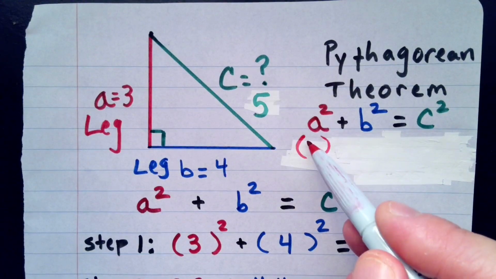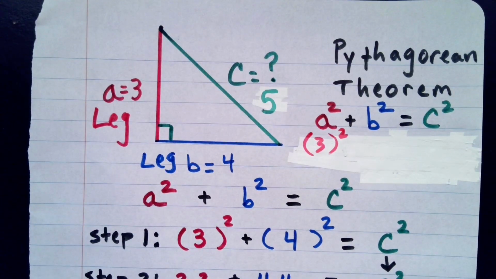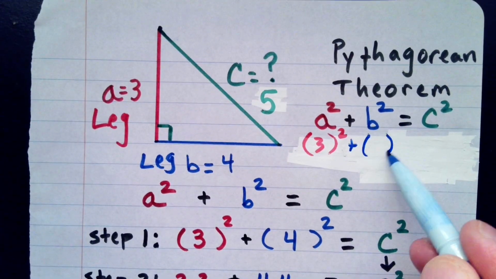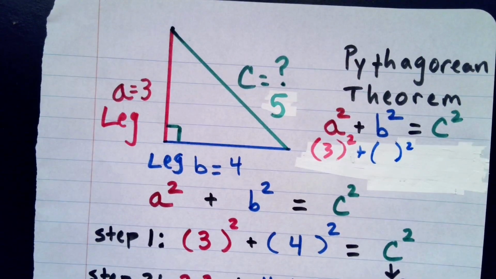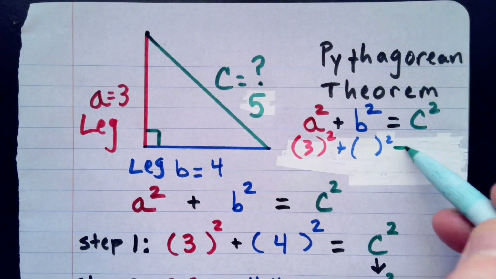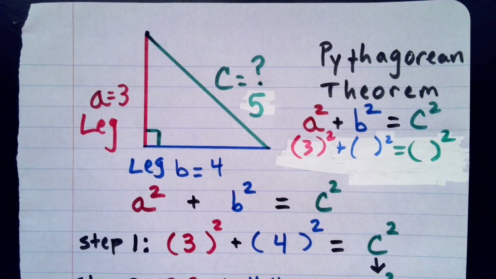My value of a is 3. And don't forget that squared, plus the value of b, and don't forget your square, is equal to the value of c squared.